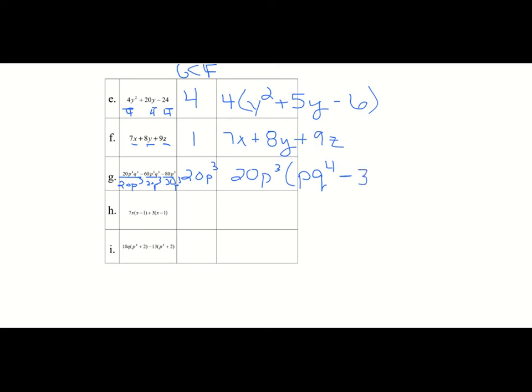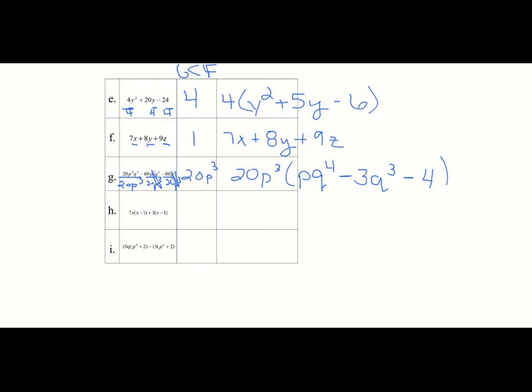And then p cubed divided by p cubed will equal a 1. So I'm just left with q to the third power minus 20 goes into 80 4 times. And again, p cubed divided by p cubed equals a 1. So there's my final answer there.